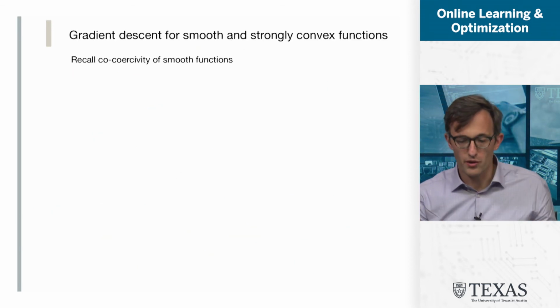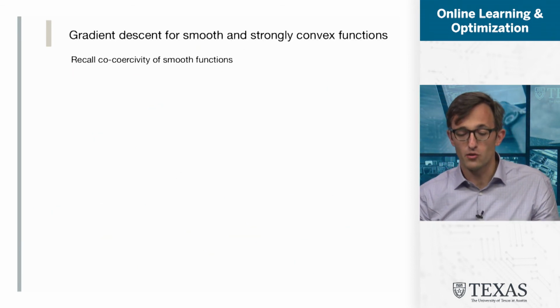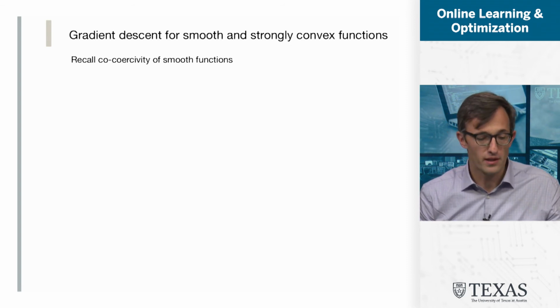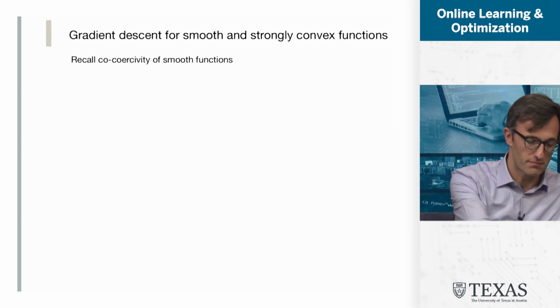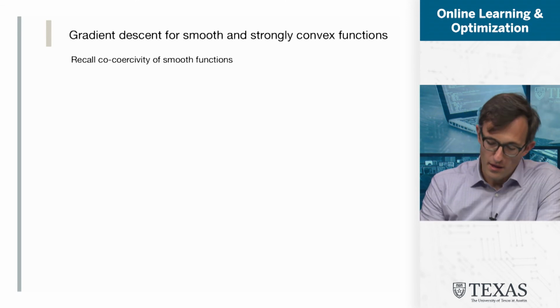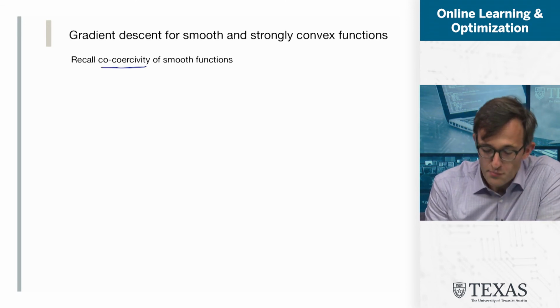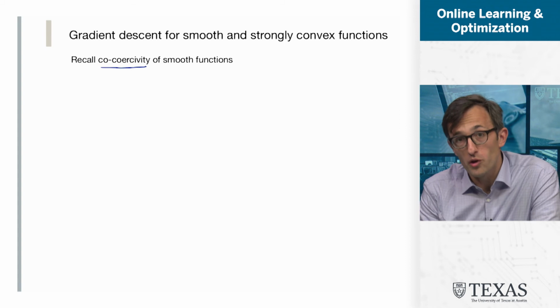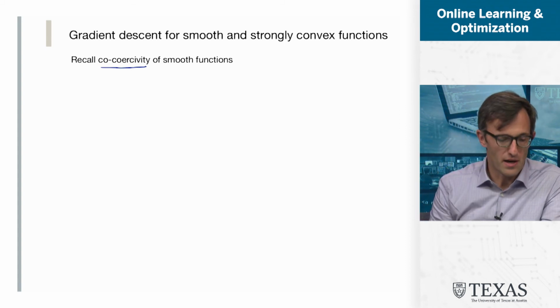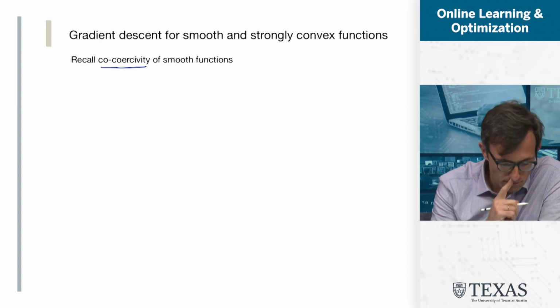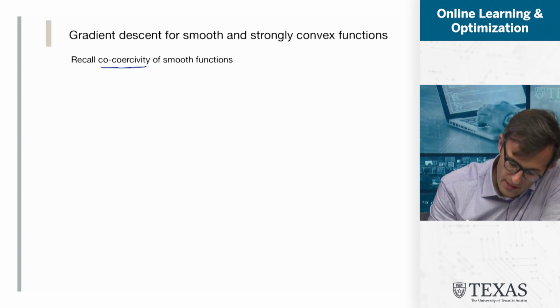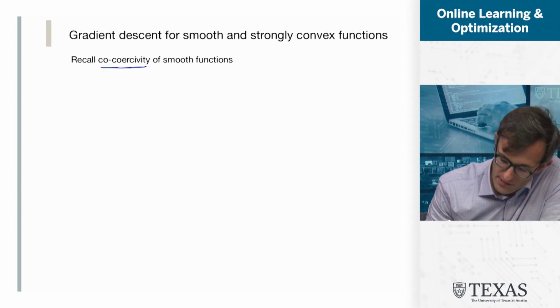We've got a little more to go here. We're going to talk about now gradient descent for smooth and strongly convex functions. And finally, we're going to use this property of co-coercivity, which we worked pretty hard to derive. So remember, what does this property tell us?